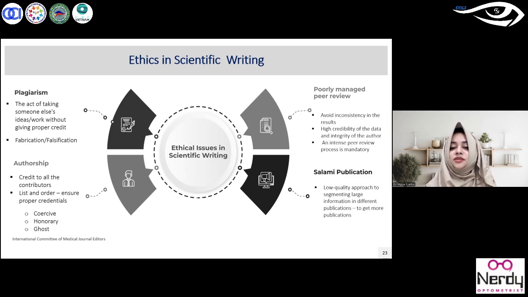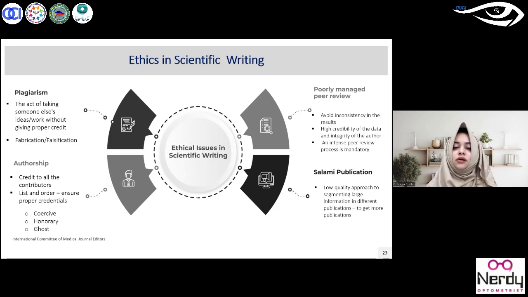Next, a mention about authorship. There is already a well-defined set of rules to be followed while listing the authors. Several forms of authorship abuse are also reported.